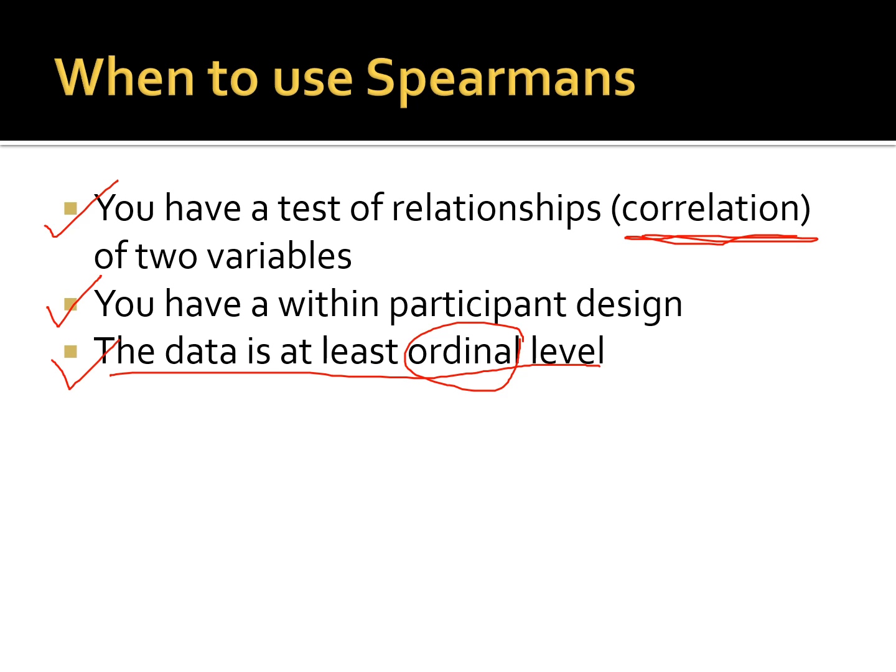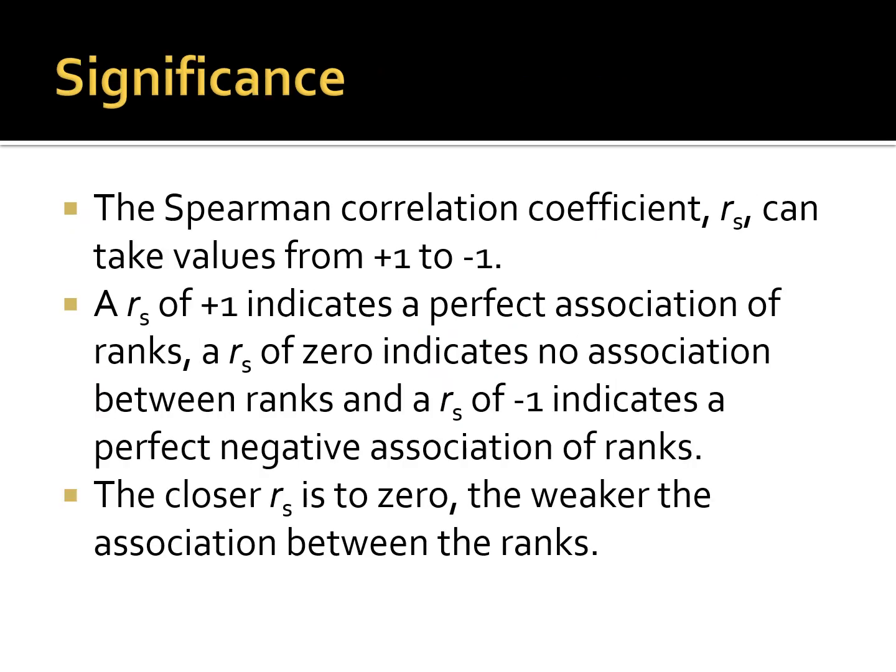It's quite easy to know when to do a Spearman's. If you are looking at any correlation study, it's a Spearman's. It's the only correlational statistical test that you learn in this course. So if it's looking for relationships, it will be a Spearman's test. We don't want to dwell on this too much because we will do it as a class, but the Spearman's correlation coefficient is given as a little r.